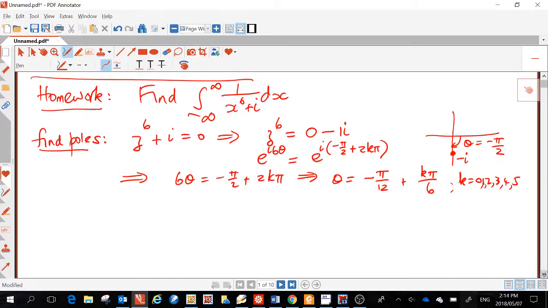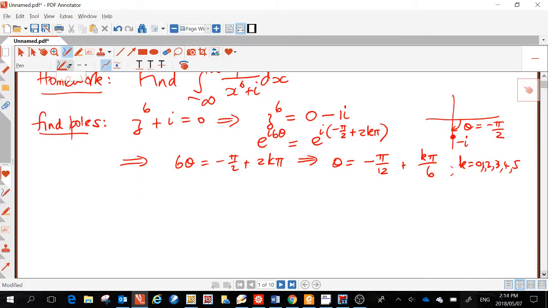So then, to work the roots out, let's take z0. z0 will be when k is 0, so it's minus pi over 12. So you can say it will be cos of minus pi over 12 plus i sine of minus pi over 12. z1, this time you use k equals 1. So it's like having 1/6 minus 1/12, or 2/12 minus 1/12.